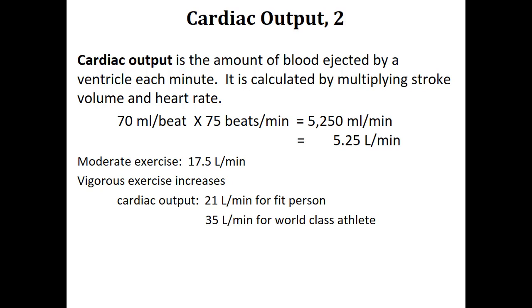Then the ejection volume, which is your stroke volume, is about 70. So how much is left at the end of contraction? The end systolic volume would be 60 mils.